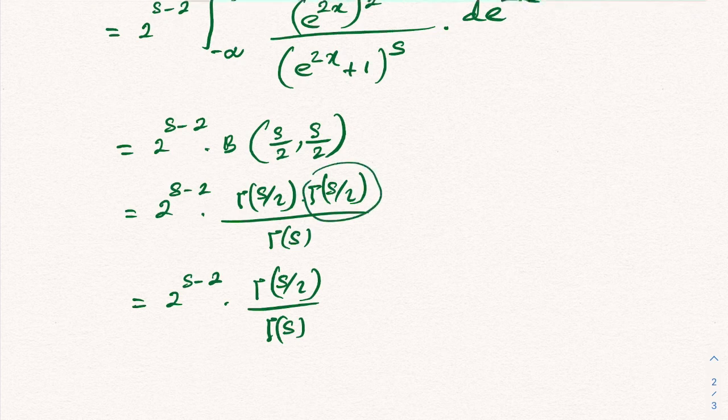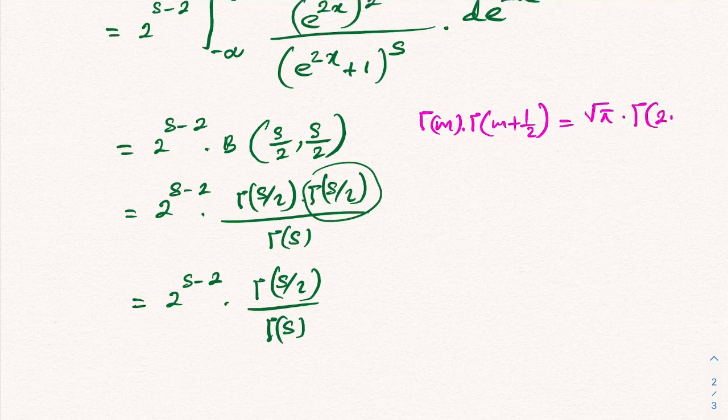So I'm going to recall the legendary duplication formula of the gamma function. We know gamma of m times gamma of m plus 1 half is equal to square root of pi times gamma of 2m over 2 raised to the 2m minus 1.